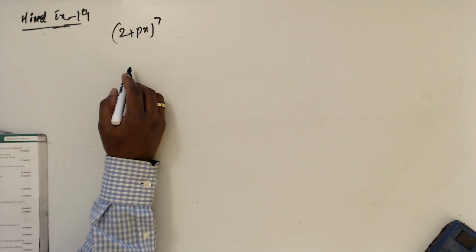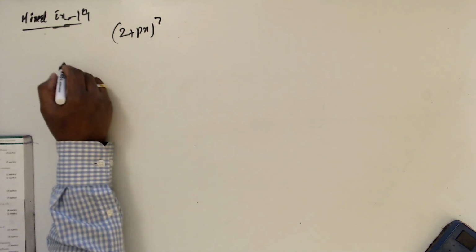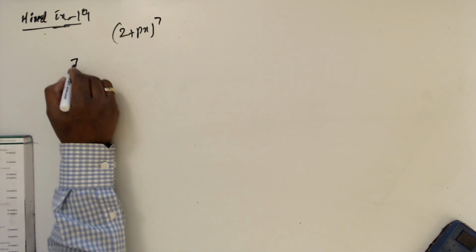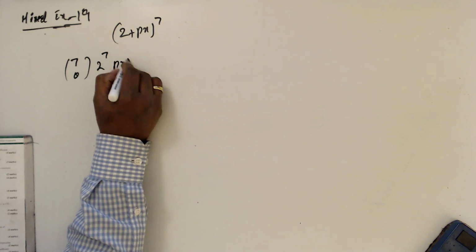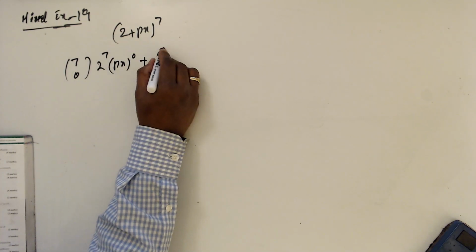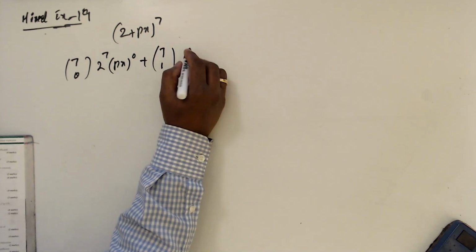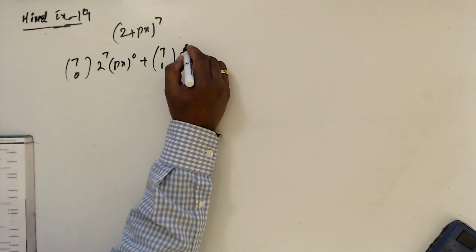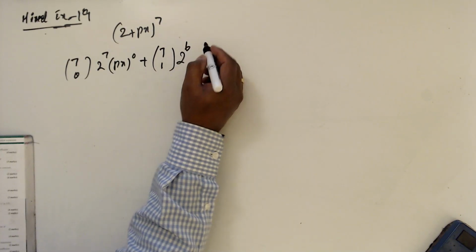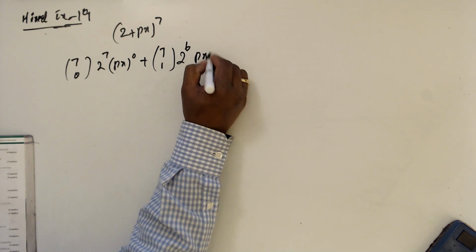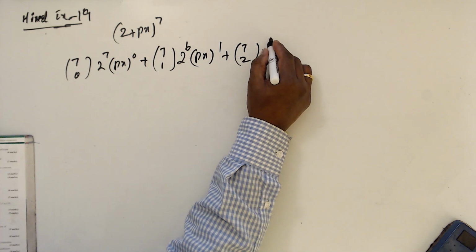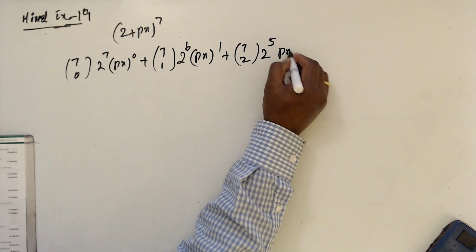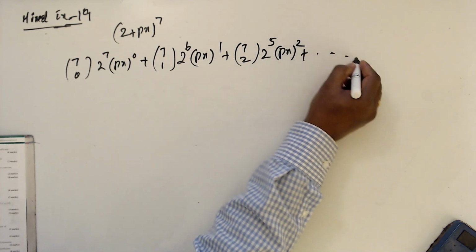Question number 19. We have to write the first three terms. So 7C0 2^7 p^0 x^0, and 7C1 2^6 p x^1, and 7C2 2^5 p square x square, dot dot dot.